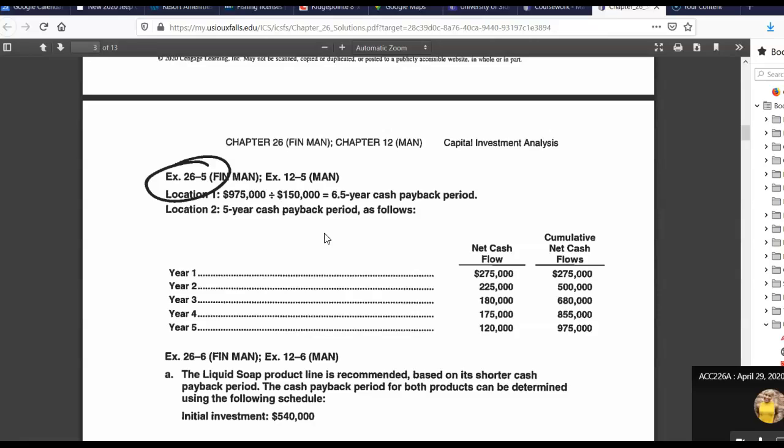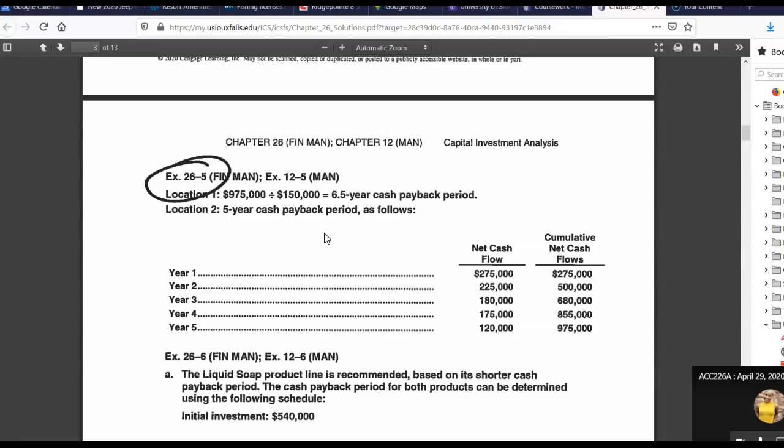Cash payback does not factor in the time value of money. That's point number one. Point number two, it's the simplest. I mean, let's be honest, it's just looking at how long it takes to pay itself back.